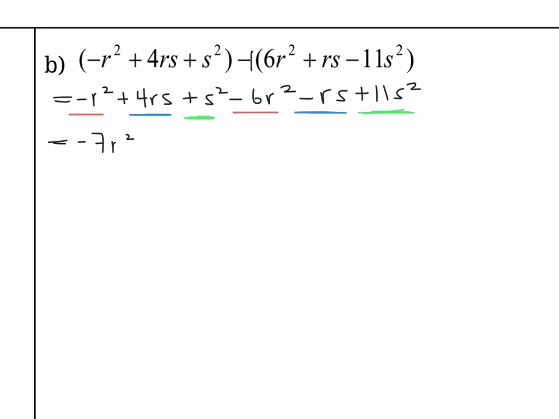Then we have, let's try the s squareds. We have s squared plus 11s squared. That's going to be plus 12s squared. And then our blue guys, we have positive 4rs minus rs is going to be plus 3rs. And that's as simplified as we can get this expression.